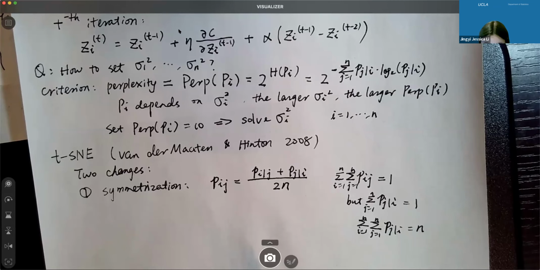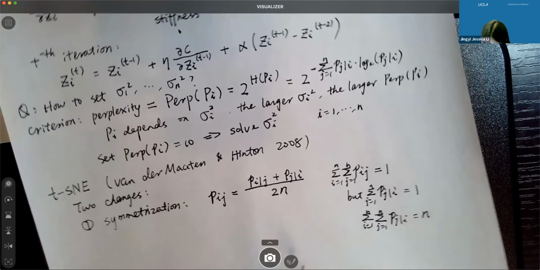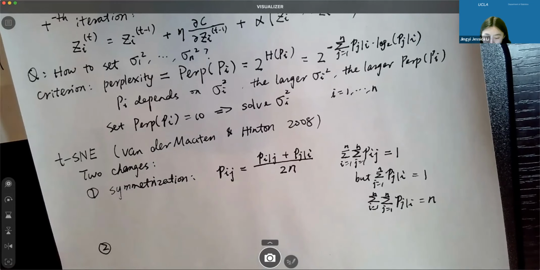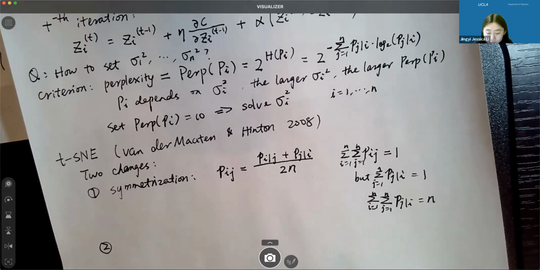And the second change is trying to change the low dimensional distribution from a normal distribution with variance 1/2 to a Student t distribution.